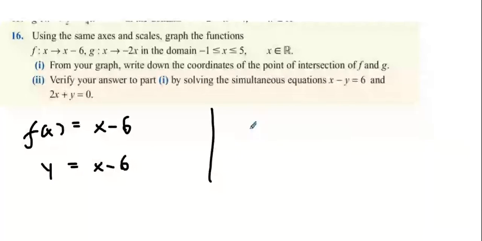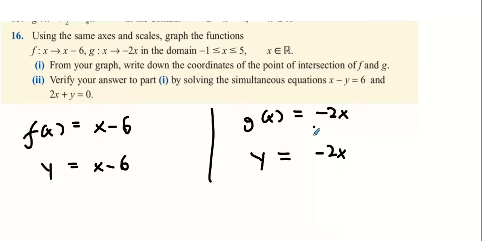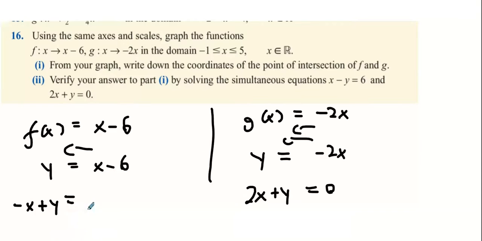And the other one is g of x equals -2x, otherwise known as y equals -2x, otherwise known as 2x plus y equals 0 when I move the 2x to the other side. Likewise, for this one, if I move the x to the left, it's -x plus y equals -6. If I multiply both sides by -1, it's x minus y equals 6.